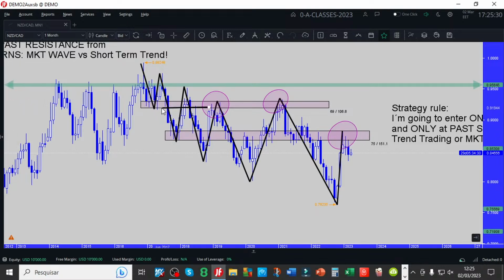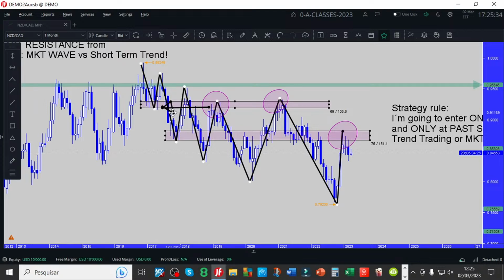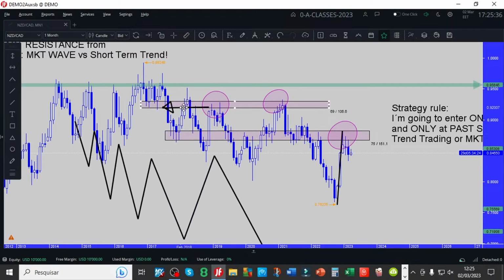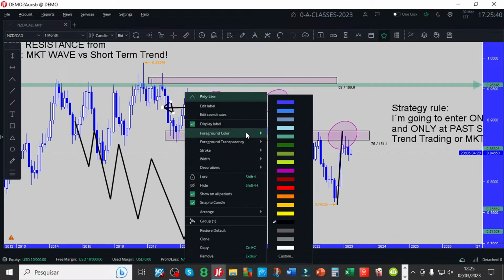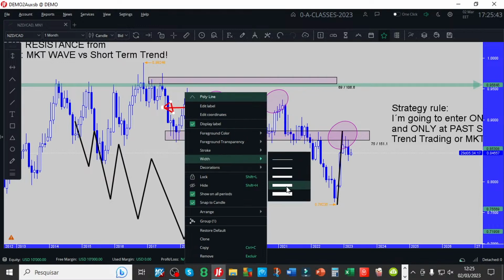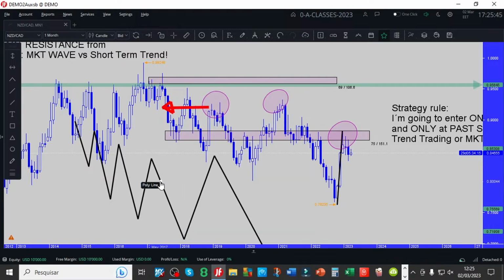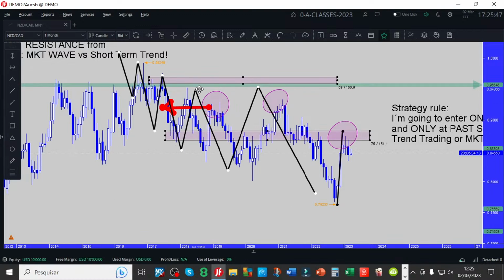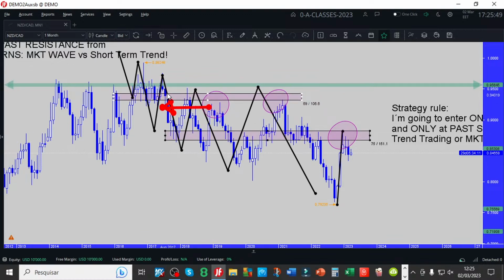Can you see how the market is reacting to past resistance? Type in the chat, yes I can see it, or no I cannot see it.